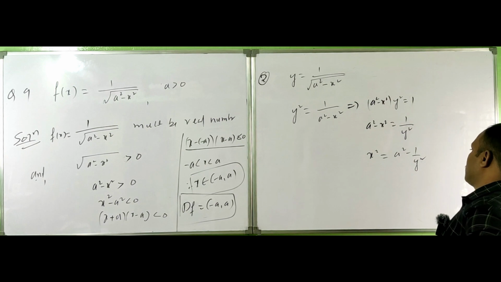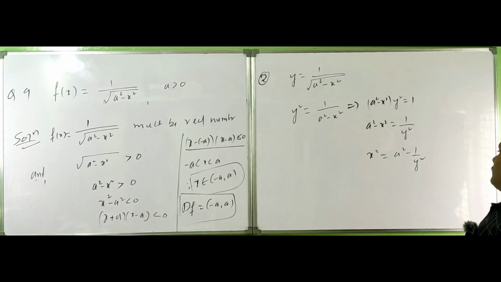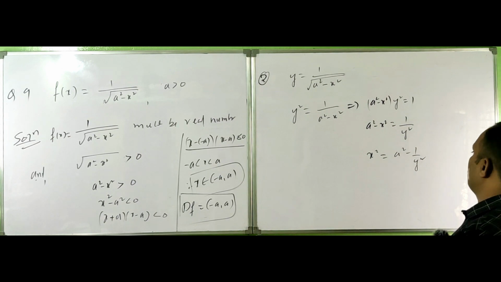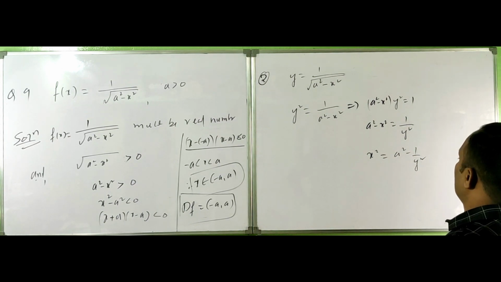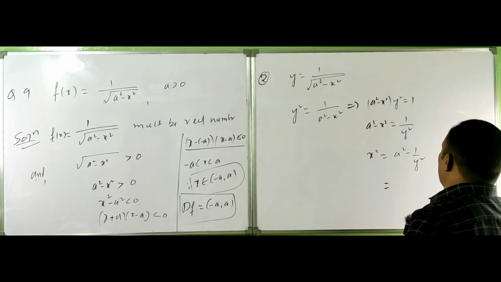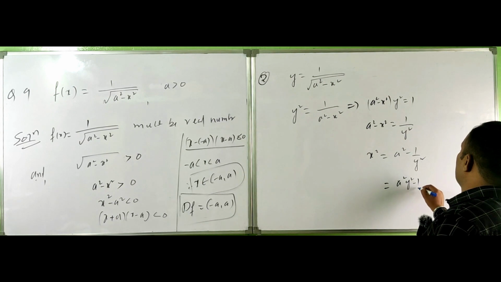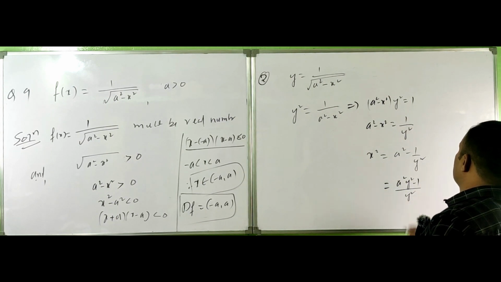See, this can be written as y square, a square y square minus 1 by y square.